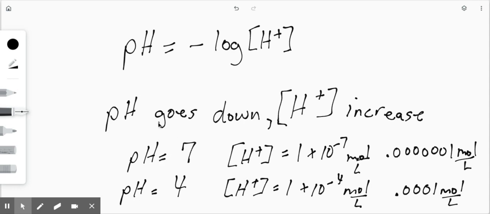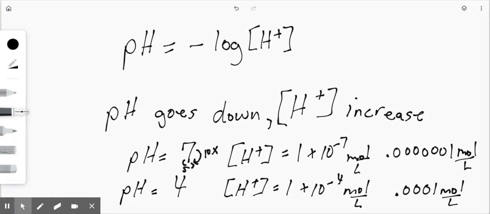Good. What is the other aspect? Well, the other aspect of the logarithmic scale is that a 1 unit increase or decrease is not simply 1 time greater or 1 time less. When I go from a pH of 7 to a pH of 4, it's not 3 times more acidic. If I go from 7 to 6 to 5 to 4, from 7 to 6, that's 10 times more acidic.